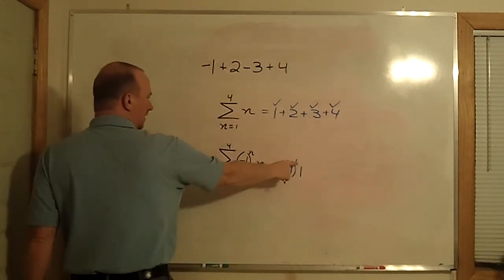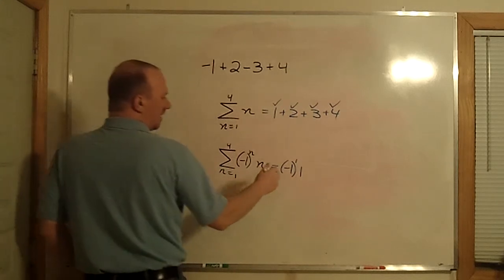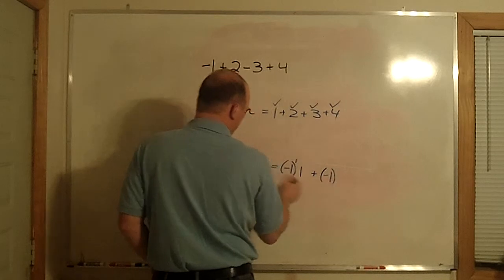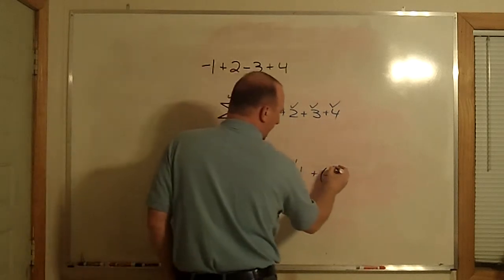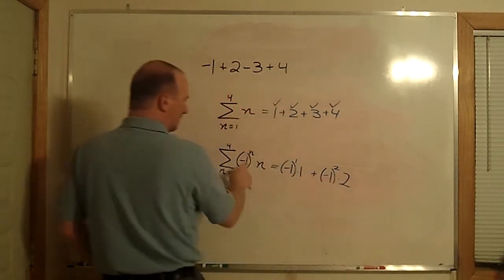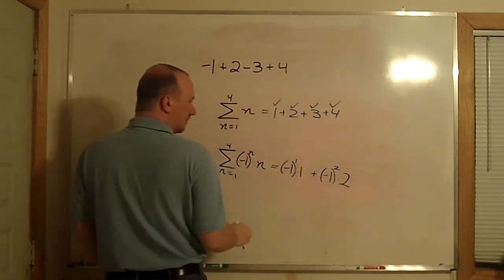Because the n is 1, then you're going to add negative 1 to the second power times 2, right? Because n is now 2.